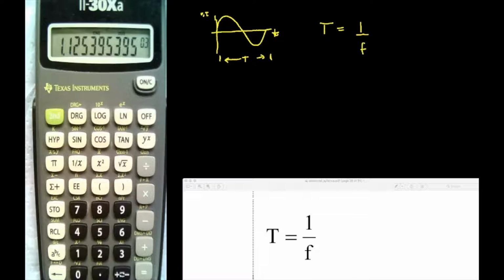If I multiply both sides by f, I will get Tf equals 1. And if I divide both sides now by T, I will get f is equal to 1 over T.